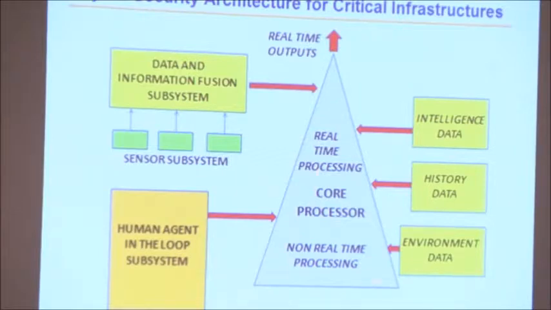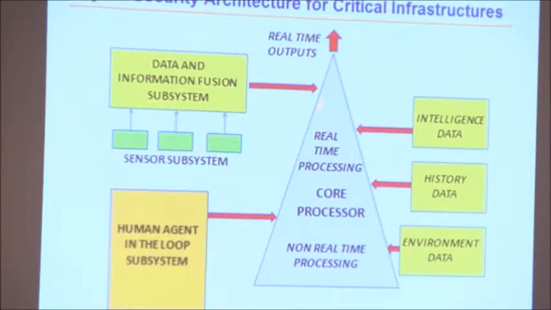And this is the core processing of the system. The triangle here means that as we are dealing with big data, we are reducing this data, and we are going from no real-time processing to real-time processing.